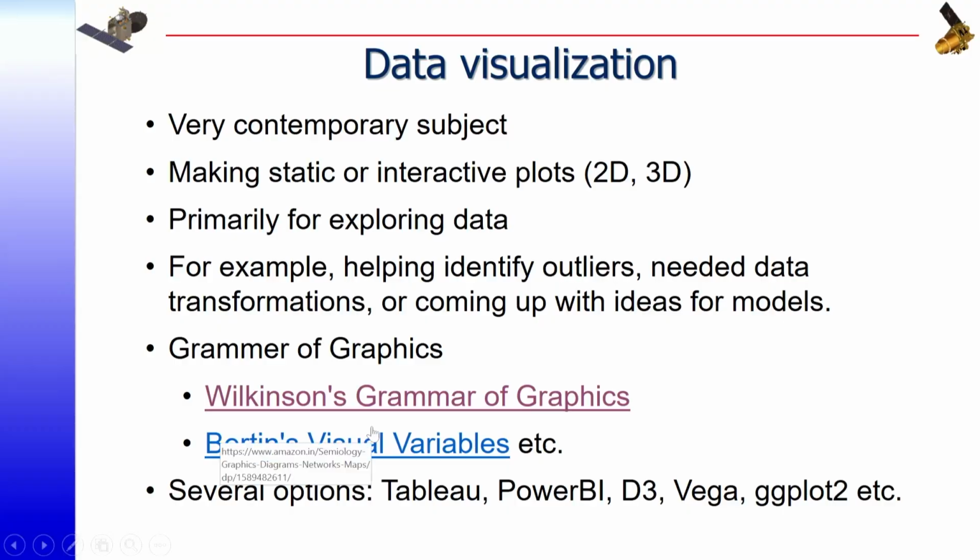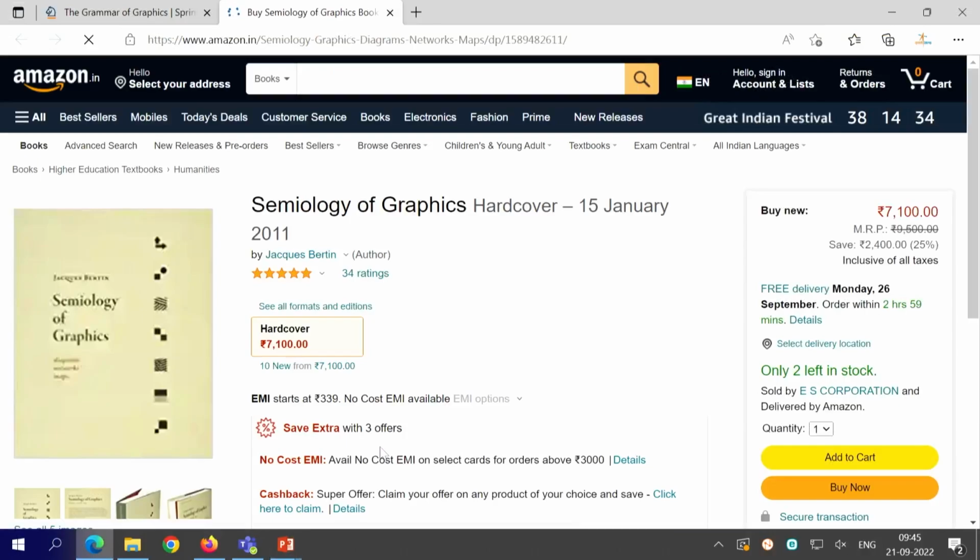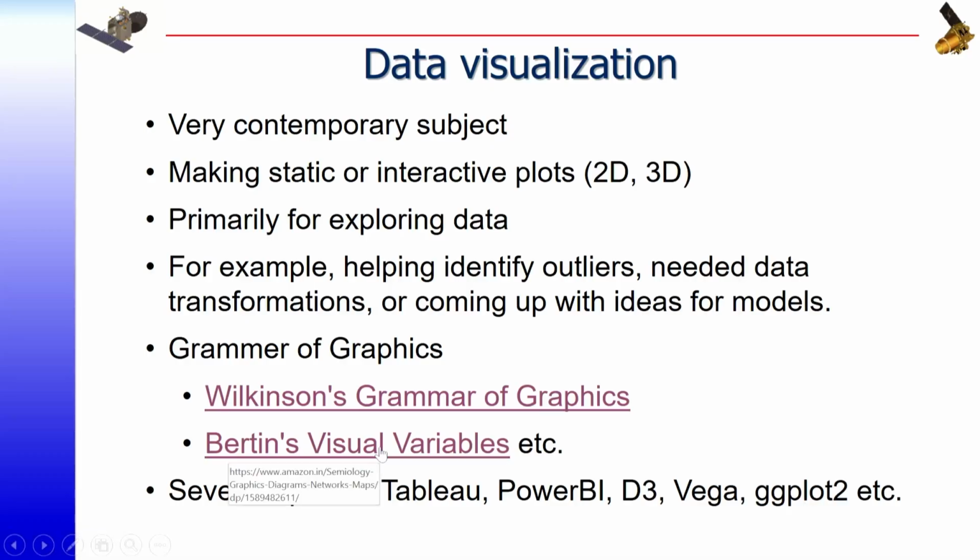The second one is actually an image that we use or a rule set that we use for teaching how to make maps. These are called Bertin's visual variables.